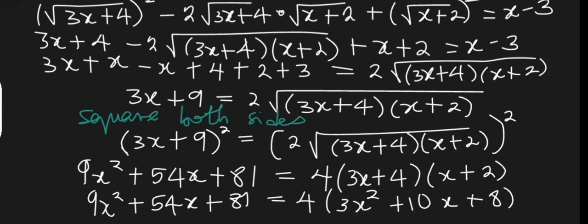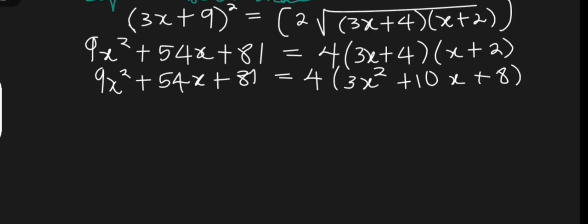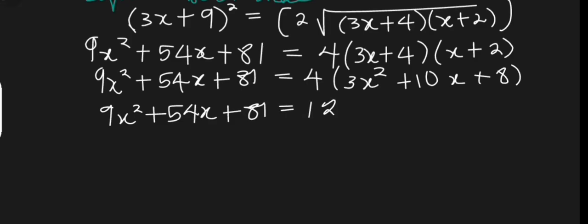Still, we will distribute 4 into the brackets. This simply means that we've got 9x squared plus 54x plus 81 still on the left hand side, while on the right hand side it is 12x squared plus 40x plus 32 when we actually distribute 4.